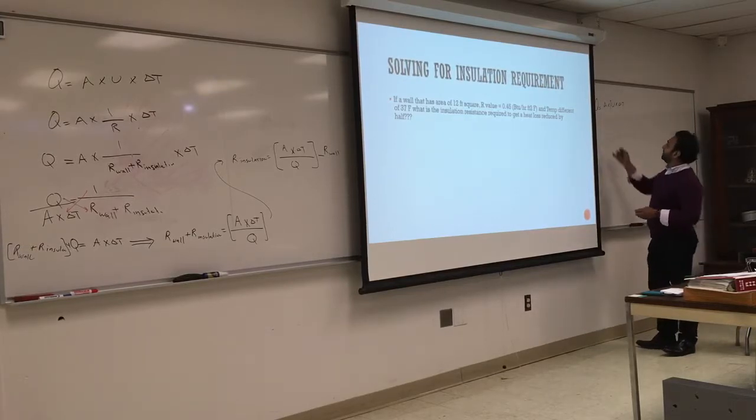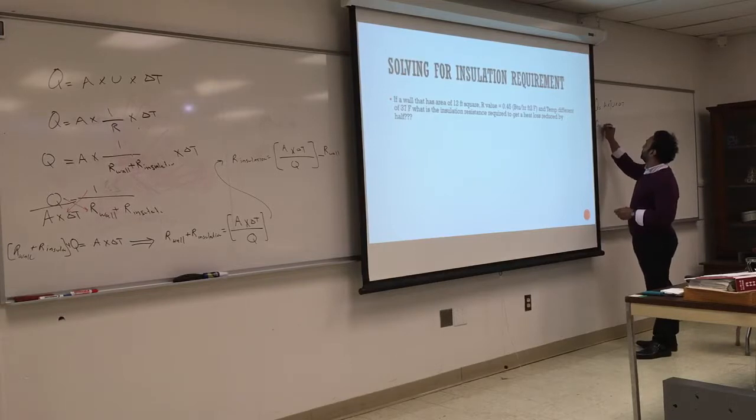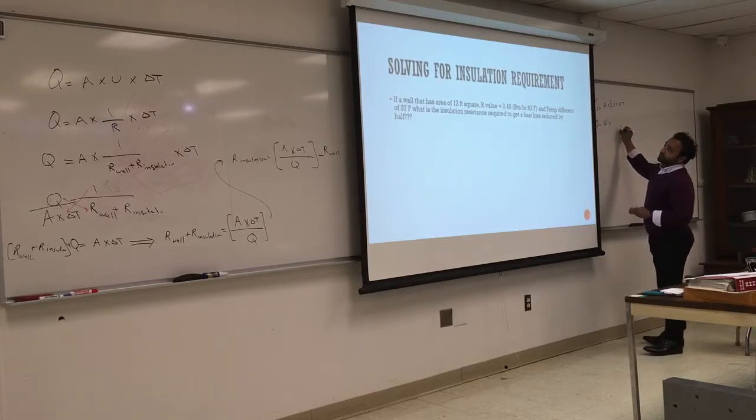I'll do the equation. First, I want to find what the Q is. So I have an area of 12 times the R value 0.25. So it's going to be 1 over 0.45 times delta T, which is 37.